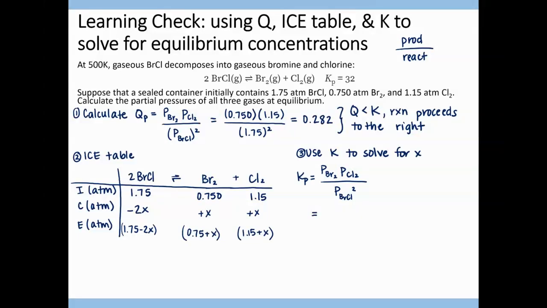So we're putting that whole factor into the K equation, and all of this is equal to 32. So Br2, 0.75 plus x, Cl2, 1.15 plus x, and then BrCl is 1.75 minus 2x, and that whole thing squared, but instead of putting the exponent here, I'm going to multiply, or just put another factor here. So multiplied by 1.75 minus 2x. This is just in preparation of what we are about to do to simplify.